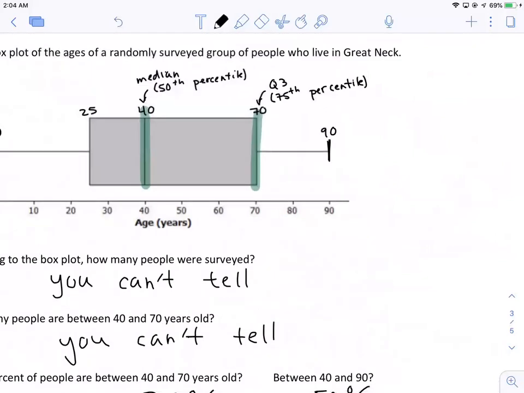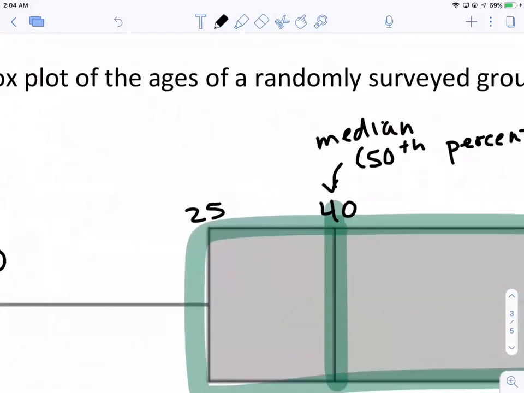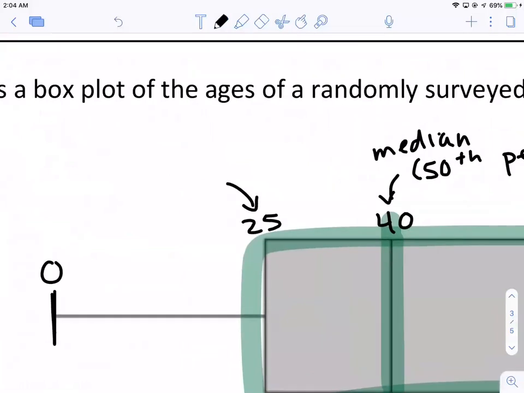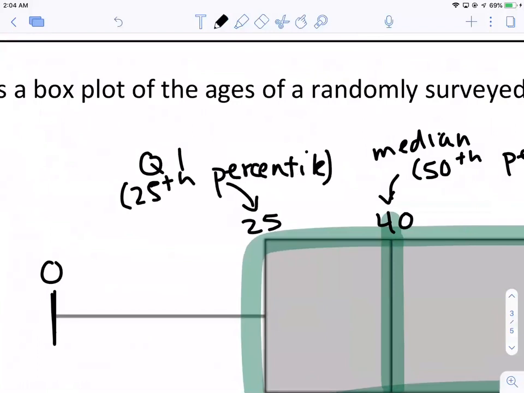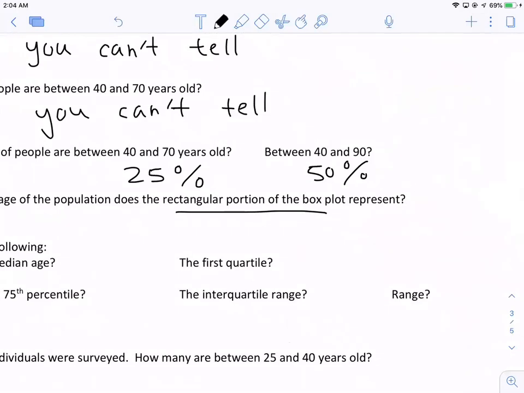The rectangular portion, that's talking about the box piece. Well, the box goes from this 25, that was Q1, our 25th percentile, to the 75th percentile, so that's going to be 50% of our data. 50%.